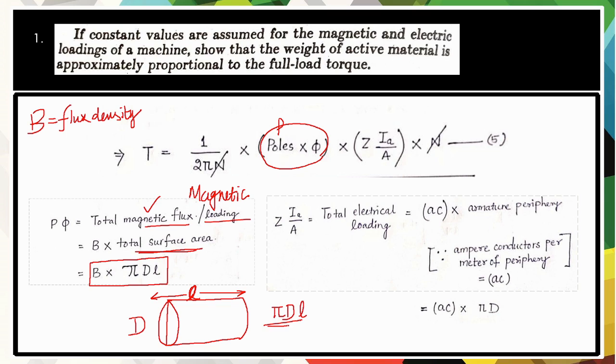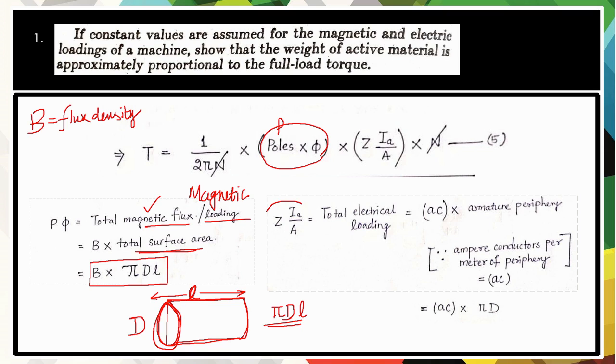Total surface area of a cylinder is given by pi dl. How do you calculate the surface area? So pi d means this length, the perimeter part, into L. If you multiply pi d with L, you get the surface area. So B into pi dl.